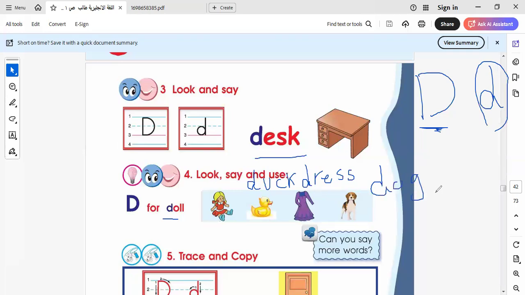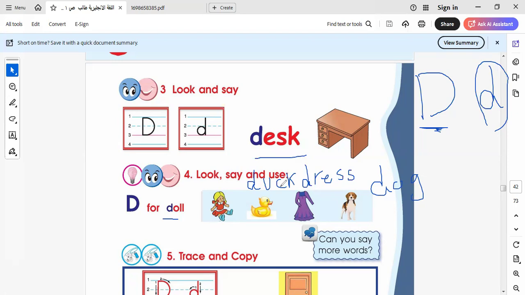I would like to say something. Grade 1, we must have a pencil and paper and write these words without seeing them, by yourself. We must keep the vocab and write it by yourself. Why?